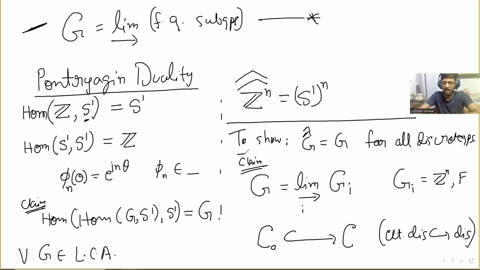Using this claim, we can make a statement that this category is a dense subcategory of this. Now I have to define what dense means, but let's say this is a dense embedding.